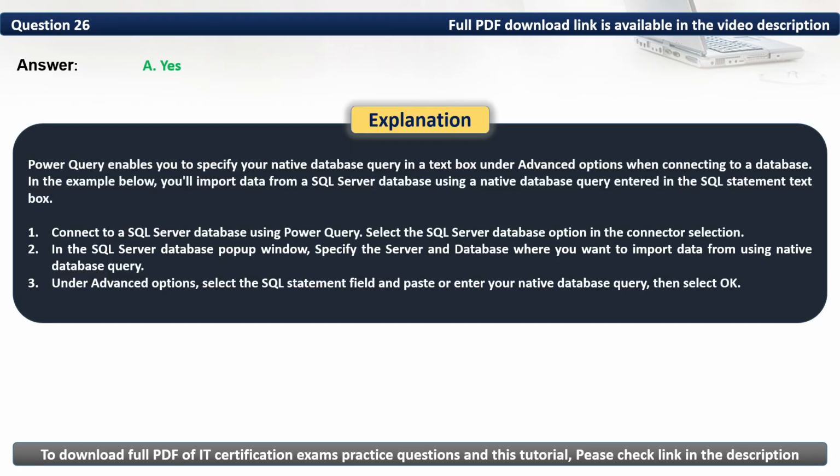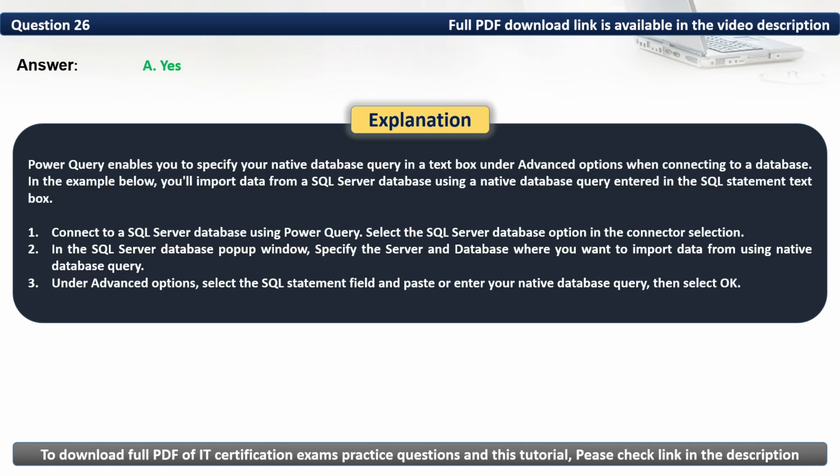Power Query enables you to specify your native database query in a text box under advanced options when connecting to a database. In the example below, you shall import data from a SQL Server database using a native database query entered in the SQL statement text box. First, connect to a SQL Server database using Power Query.